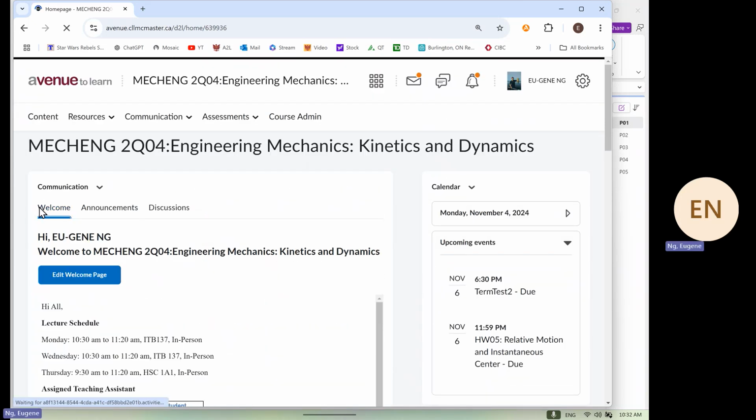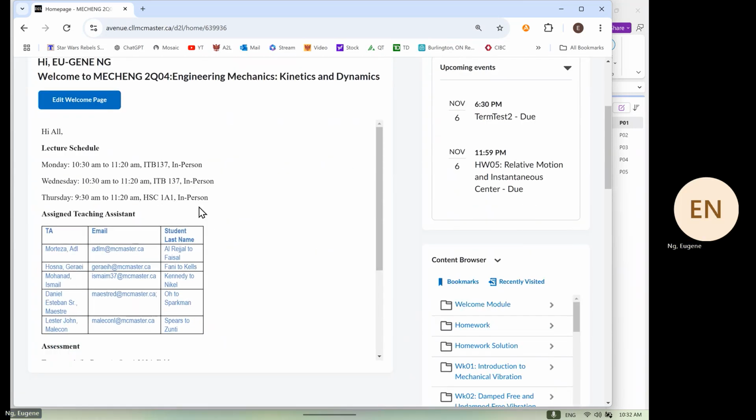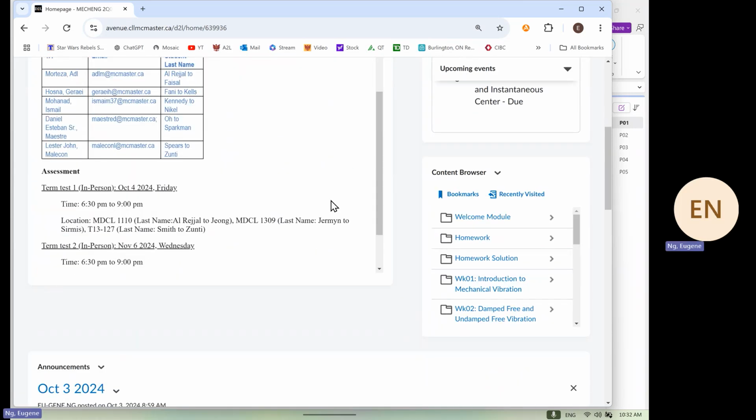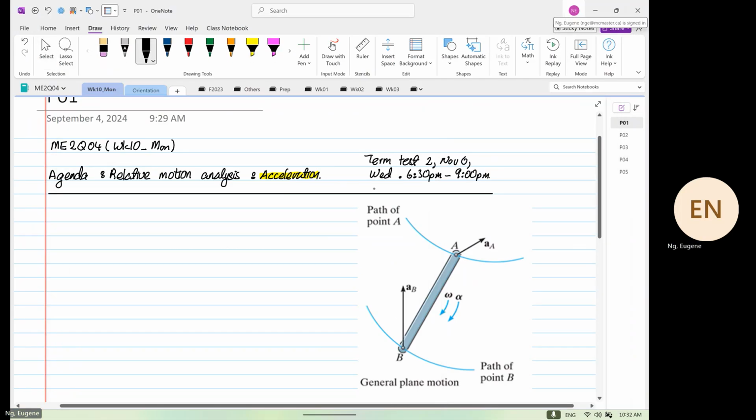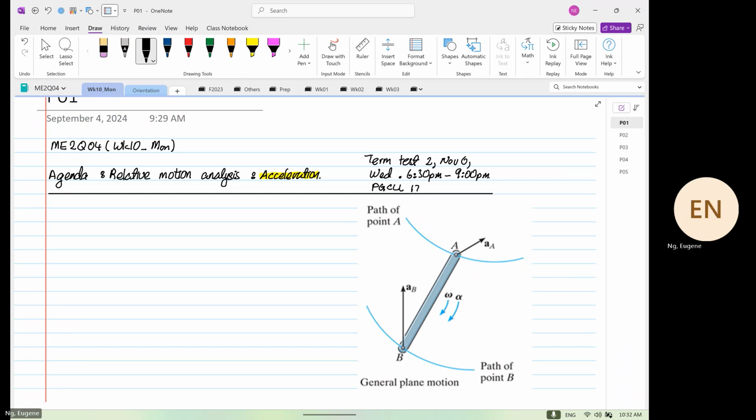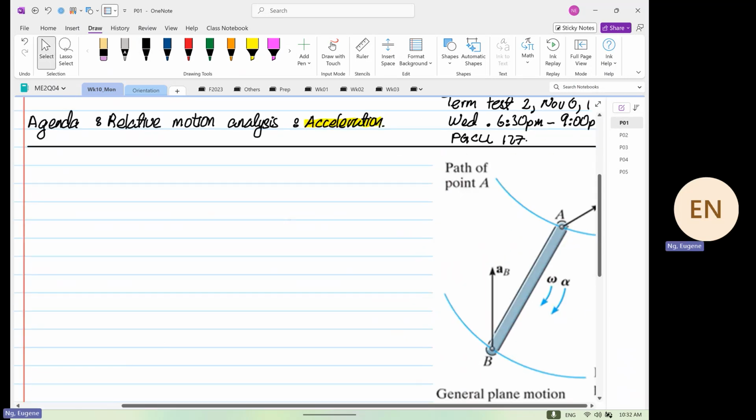Okay, so if we go to Welcome, the location is PGCLL 127. So there's the location of our term test on Wednesday. So be there.